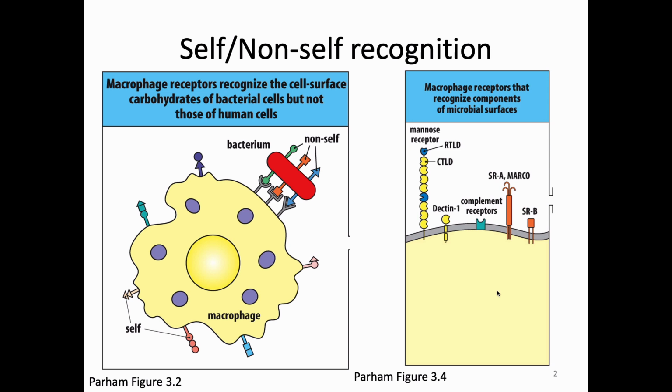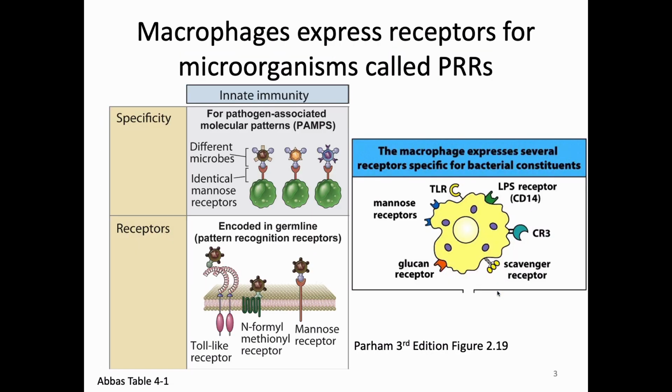You can imagine those molecules, which are unique on a microbe and not found on our cells, as microbial patterns, things that are often found on microbes. You'll see why I wrote it this way as we go. Our macrophage will have lots of different types of receptors that can respond to those microbial patterns. These receptors are known as pattern recognition receptors, or PRRs.